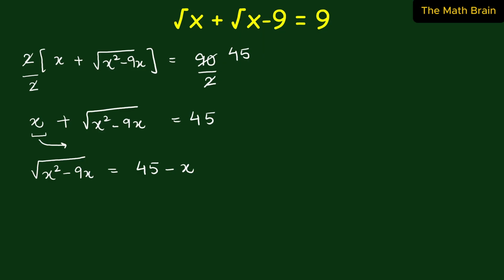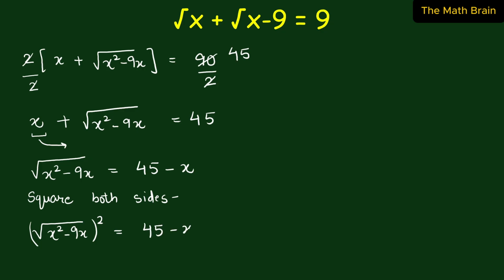So to remove this root we are going to square both sides and we will get (√(x² − 9x))² is equals to (45 − x)².